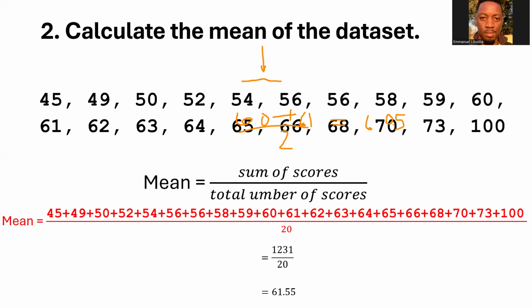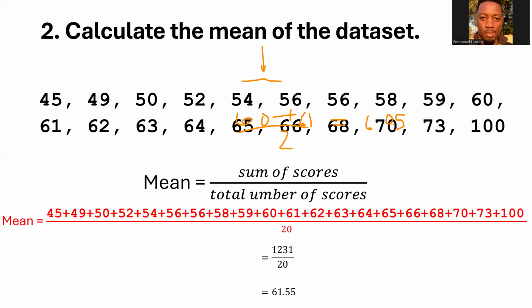And Q1, we know that it's 55. Then we subtract 1.5 multiplied by 10.5. So from here, you just use a calculator, and then you're going to get 39.25. And this is our lower boundary for the outliers.